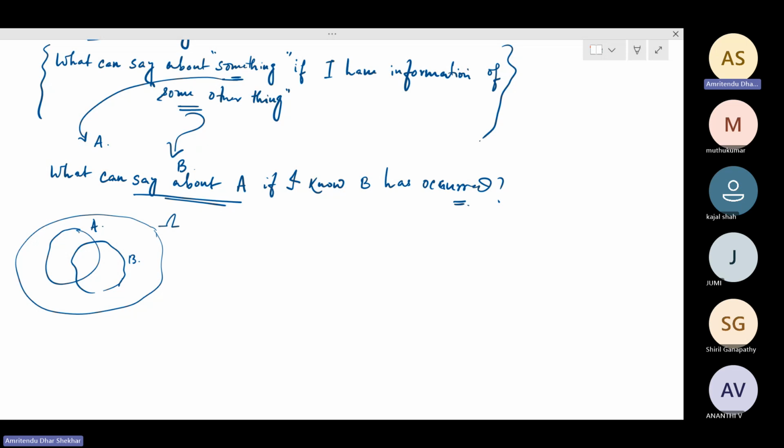But what this means is: what is the probability of A intersection B given B?